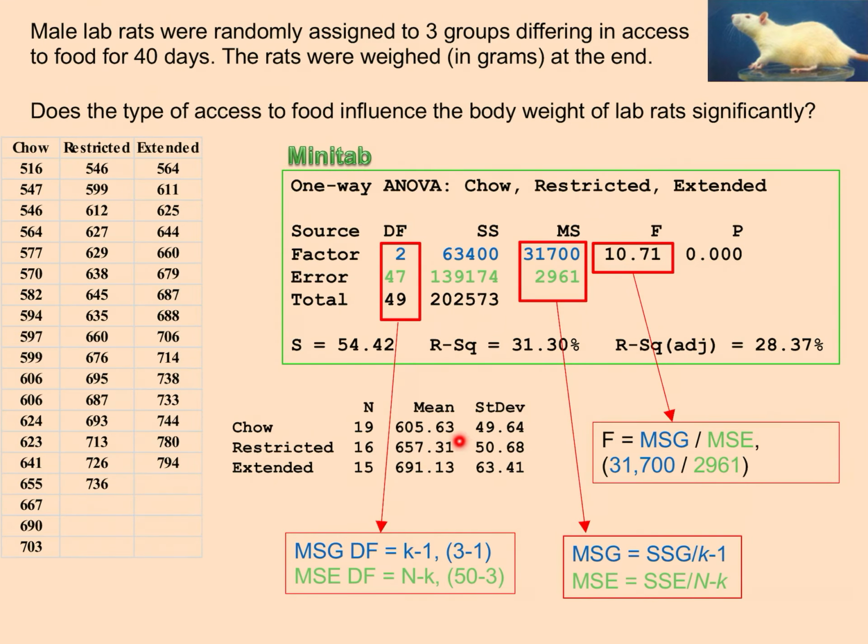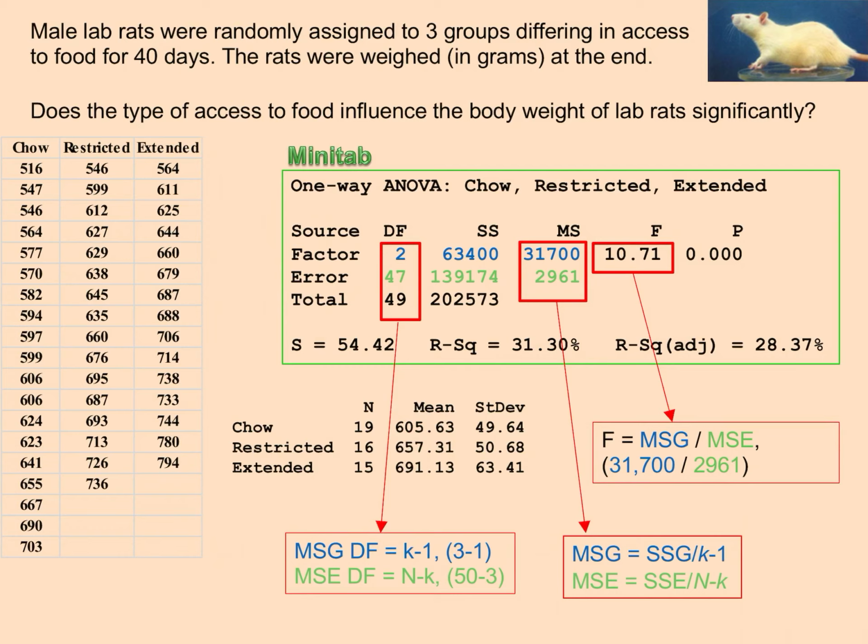You see it's 0. That's telling you that somewhere between these 3 means, there's at least one significant difference. It could be between chow and restricted, or chow and extended, or between restricted and extended. We don't know which of those 3 possibilities it lies in. It could be more than one of them. All this p-value tells us is that somewhere in here, there's at least one significant difference between 2 means.